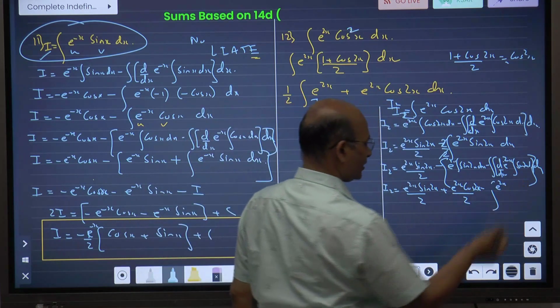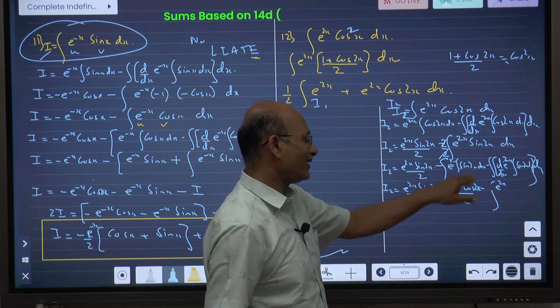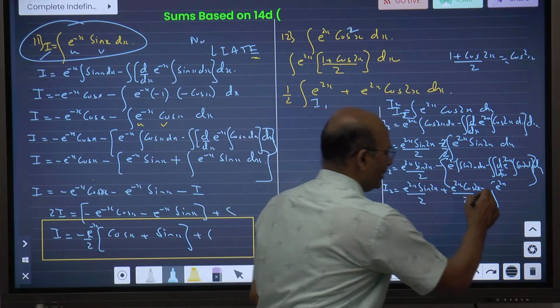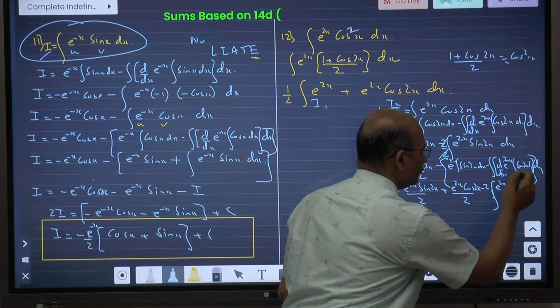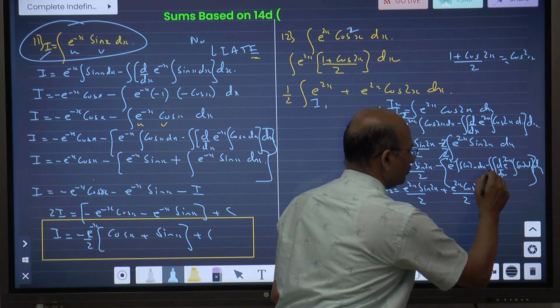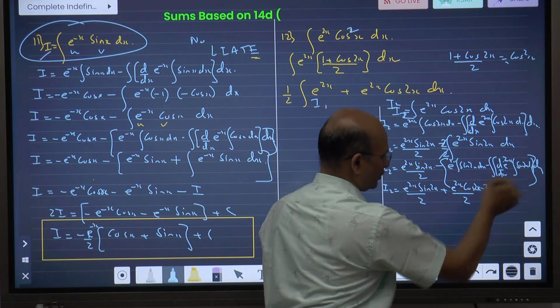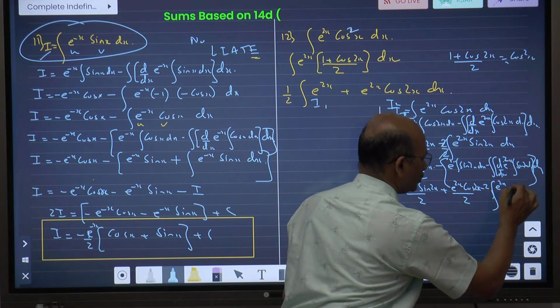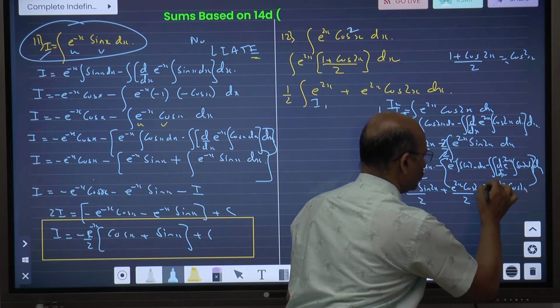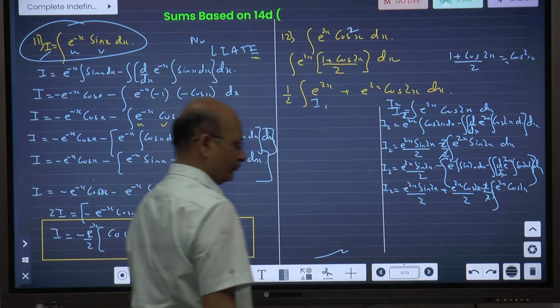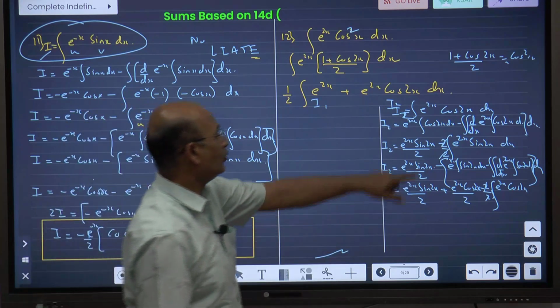Let us do this once again: e raised to 2x cos 2x upon 2 minus 2 raised to e 2x, and this will become cos 2x upon 2. The 2 gets cancelled. Now e raised to 2x cos 2x.